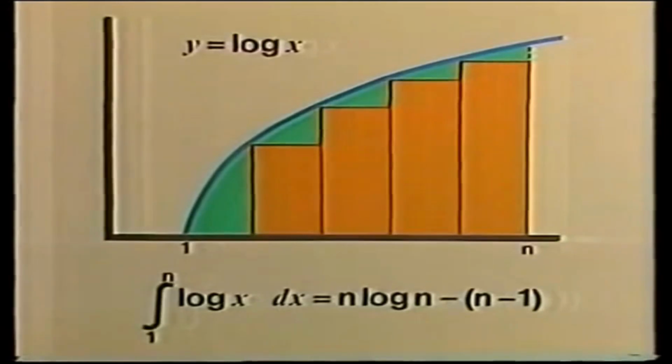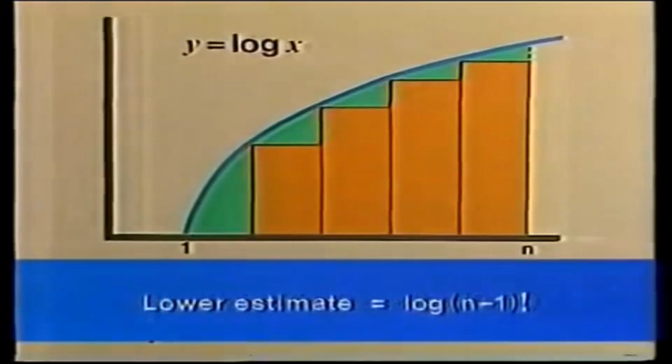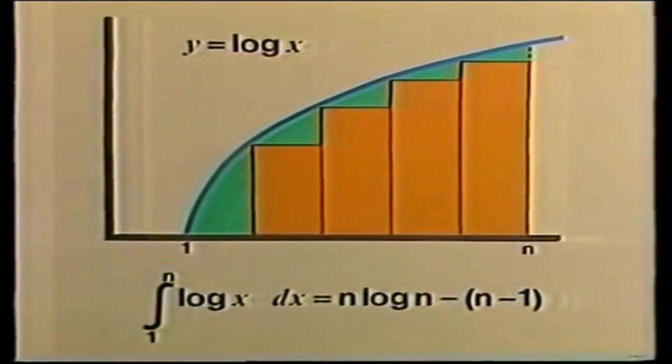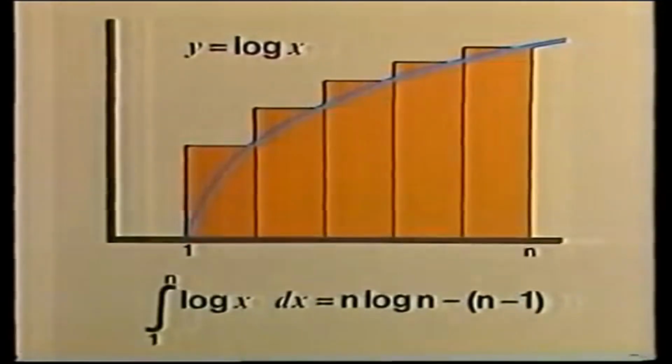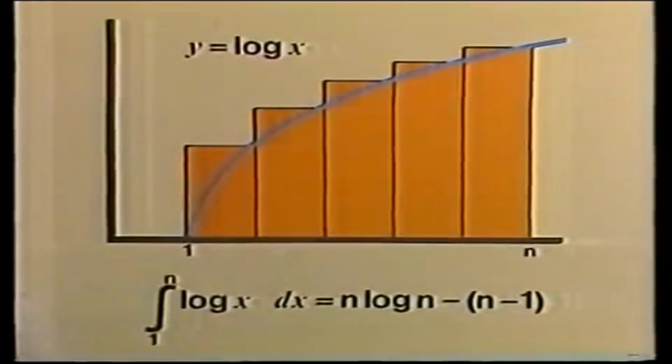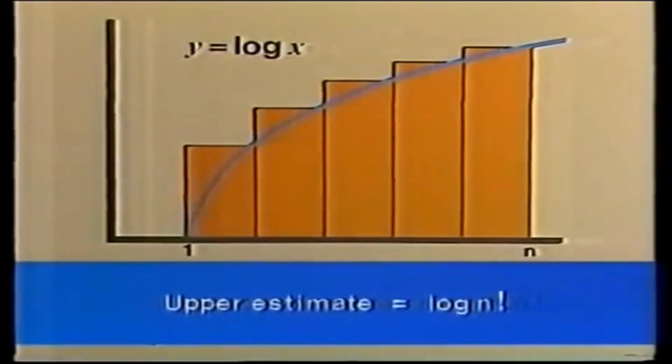So the lower estimate is sigma log k from 1 to n minus 1, which is log of n minus 1 factorial. Similarly, looking at the upper sum, the areas of the rectangles are log 2, log 3, and so on up to log n. So, since log of 1 is equal to 0, the upper estimate is sigma log k from 1 to n, or log of n factorial.